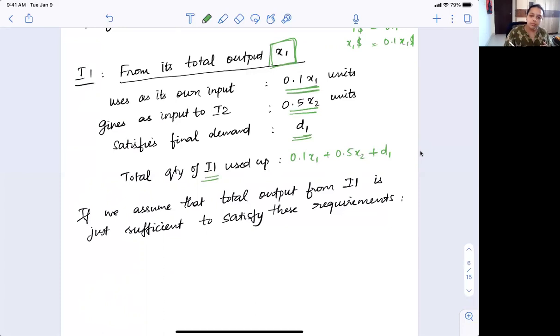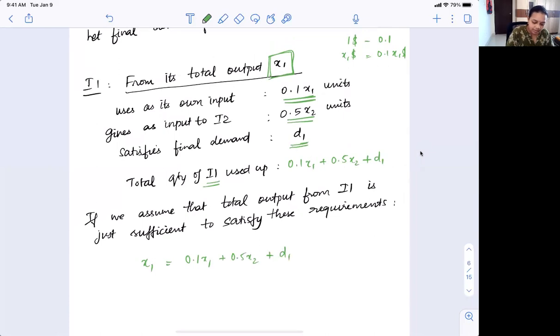Now, if we assume that the total output that this first industry is producing is just sufficient to satisfy these requirements, then we can say that the total amount of I1 produced is X1. So this amount that is actually produced is enough to satisfy all of these requirements, which is taking care of its own input, providing for the input of the second industry, and catering to the final demand.